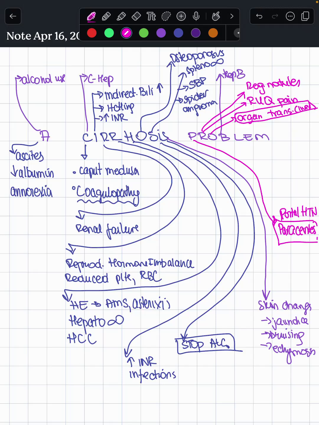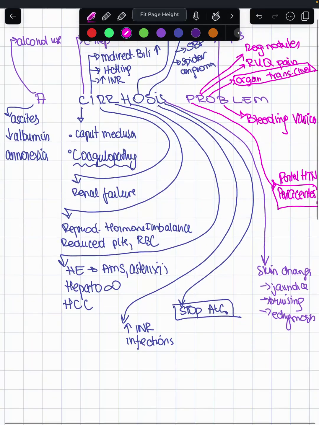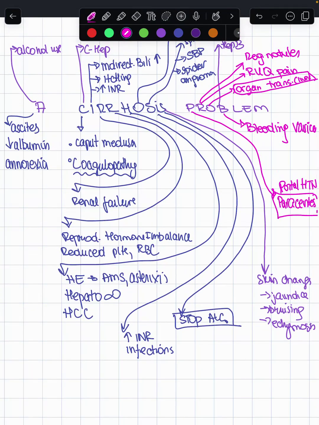All right, now B will stand for bleeding varices. Again, there is portal hypertension, so they may have varices. And then, okay, I am running out of space, but that's not a problem because I can change the color and just take this L letter and go here. So L will stand for lactulose, which is a way for us to address these patients' hepatic encephalopathy.